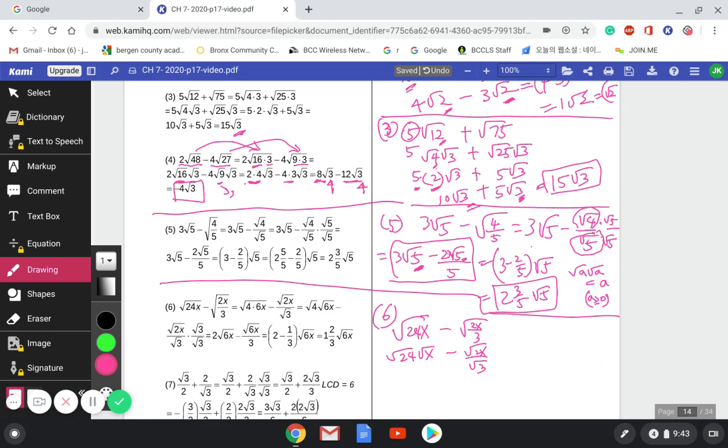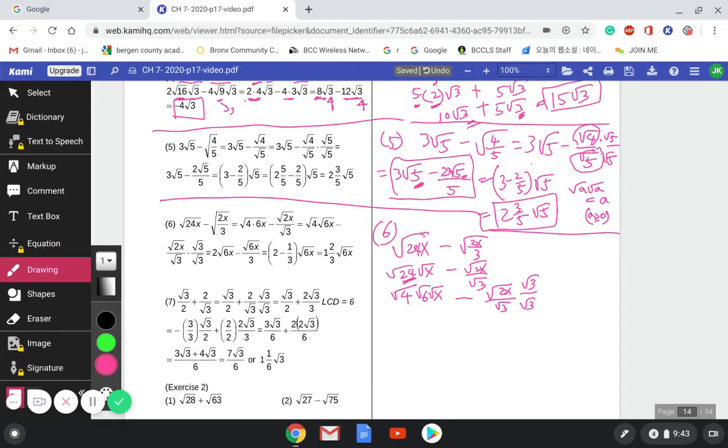Now, if I simplify this, then 24 is 4 and 6, radical x. So I'm breaking 24 with a perfect square factor. And then the second one, square root of 2x, I have to rationalize it because I cannot have the radical in the denominator.